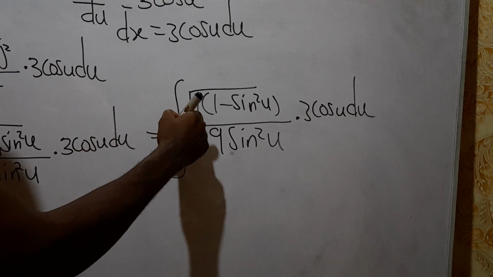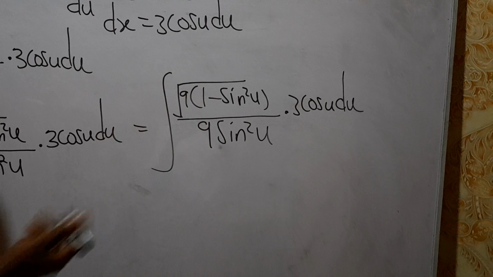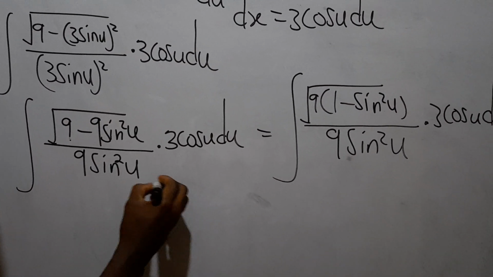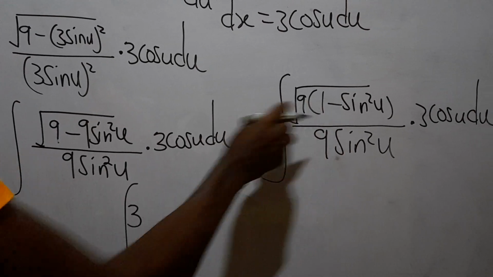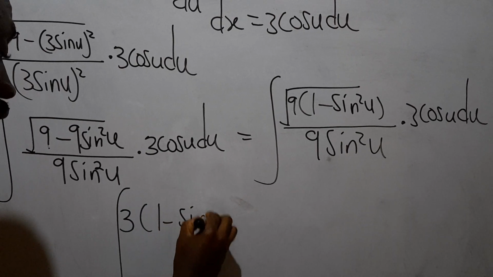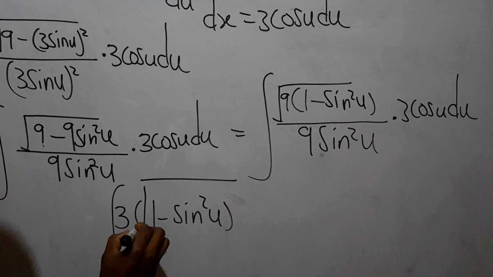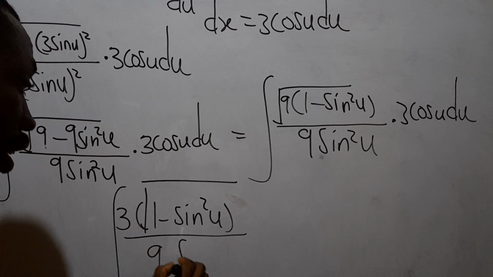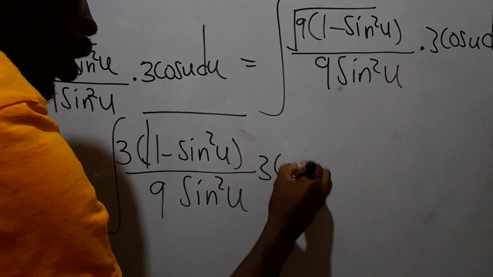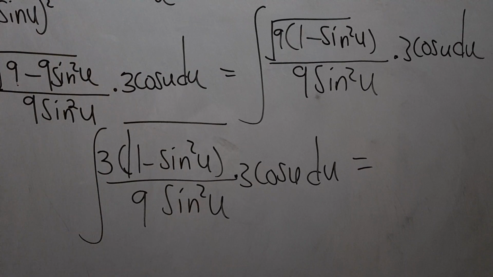So if I find the square root of 9, I'll get 3. So I'll get 3, the integral of 3, 1 minus sine squared u, that's the square root of that, over 9 sine squared u, 3 cos u du.